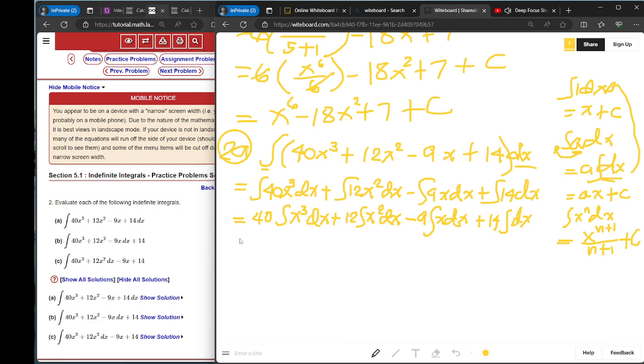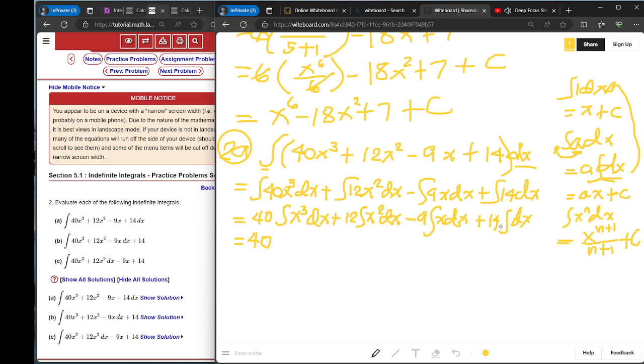So let's continue. This will become 40 times, so we go back to the property that the integral of x raised to the power n dx is equal to x to the power of n plus 1, over n plus 1, plus c. We just add 1 to the exponent and divide by the new exponent.